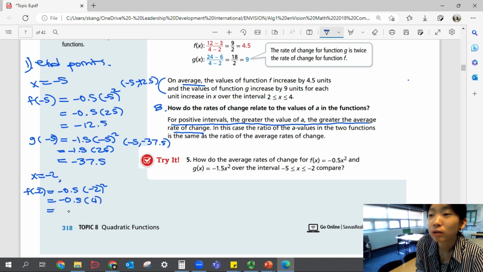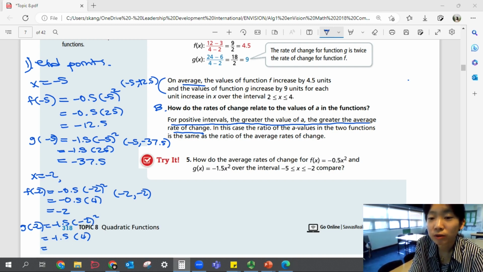So 4 divided by 2 is 2, negative, so negative 2. You have negative 2 comma negative 2 for f of x. And then g of negative 2 is equal to negative 1.5 times negative 2 squared. That's negative 1.5 times 4. And so 4 times 1.5 should be 6?